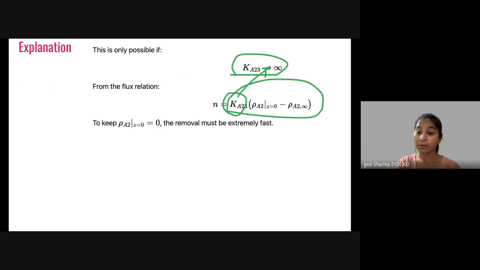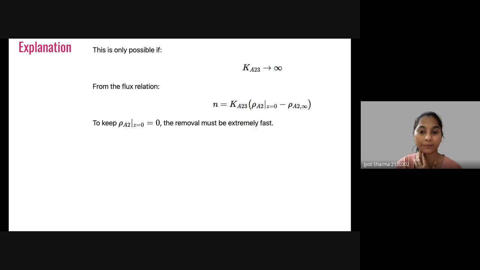And how will it be removed? It means your mass transfer coefficient in the water side is very, very high, and that's how we are saying that the coefficient approaches infinity. So to keep rho A2 at z equal to 0, the removal must be extremely fast.